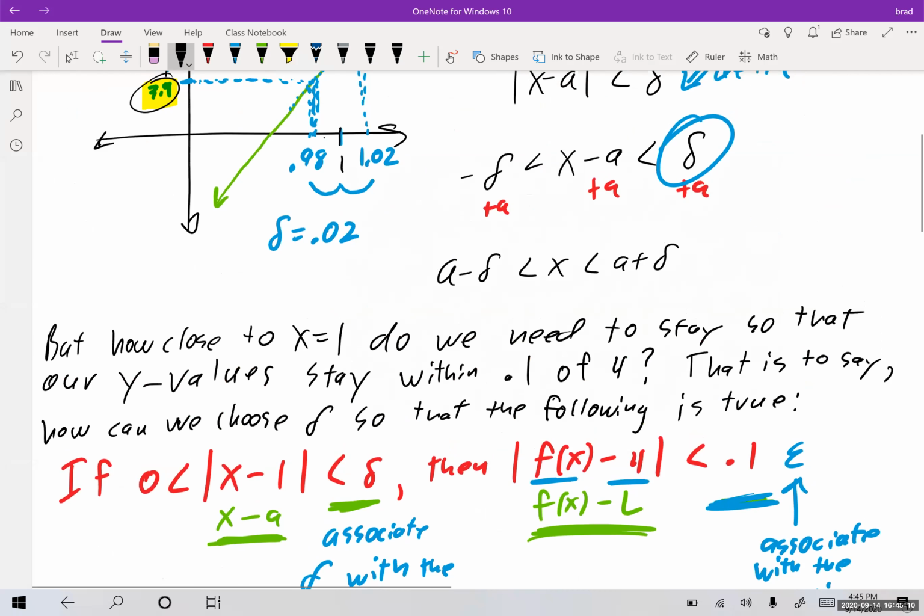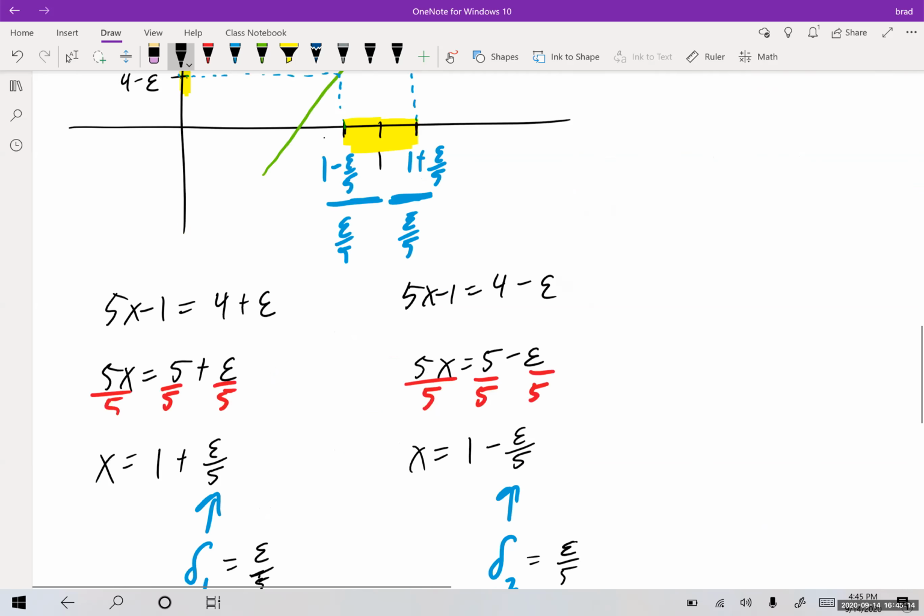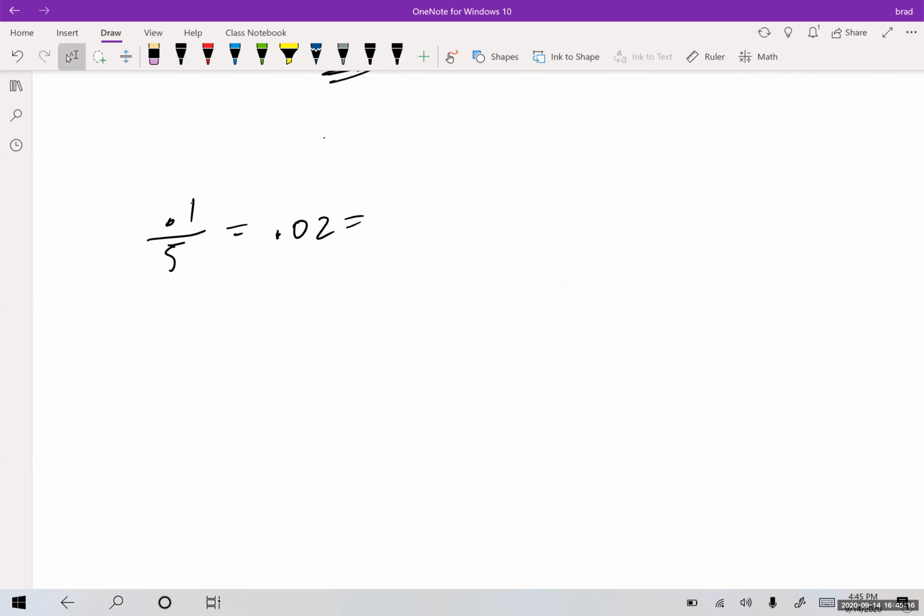Look up here, it was delta. So now I have generated a way to find any delta. In the previous problem, they told me that epsilon was 0.1, so my delta had to be 0.02 or smaller, right?